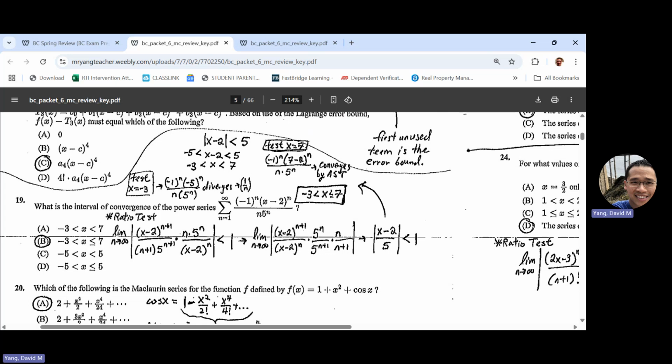Limits of that is less than 1. And I clean everything up and I'm able to get all the way down to absolute value of x minus 2 is less than 5. Put it together, I get x between -3 and 7, so I gotta test the -3 and 7 with my general term. And -3 diverges, +7 converges, so answer choice B.